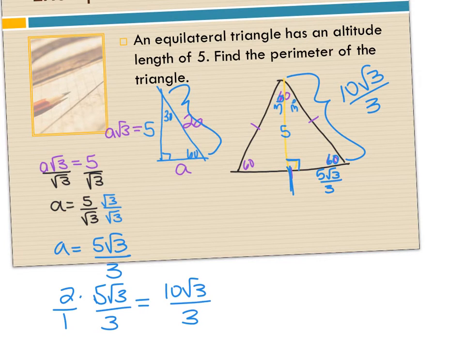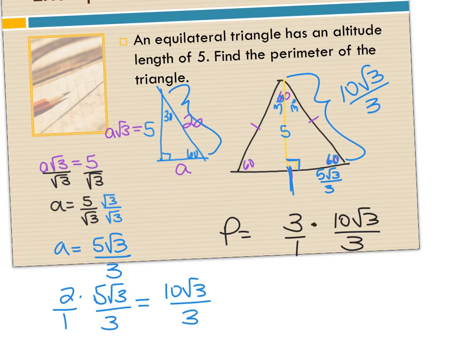What's it asking for? The perimeter. So what are 2 ways to find the perimeter of an equilateral triangle? Multiply by 3 because they're all the same, or add 3 times. So 3 times 10 root 3 over 3 is going to give me the perimeter.